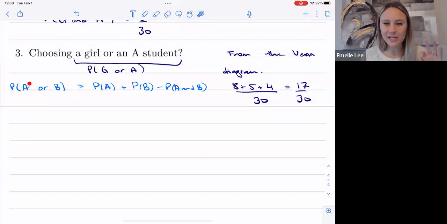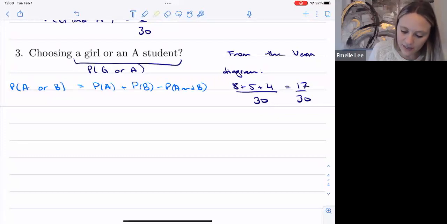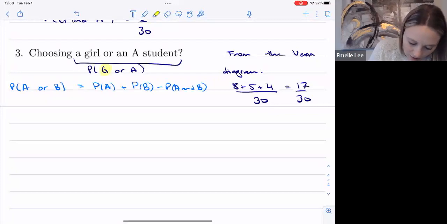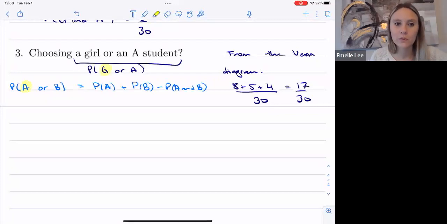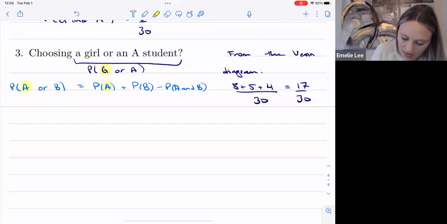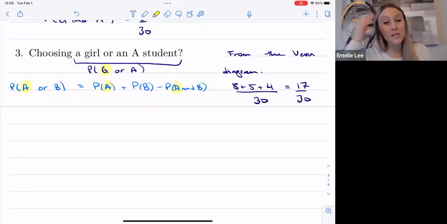Sometimes it takes a little bit of concentration, right? Because the G is going to map to the A. Wherever I see an A, I'm going to mentally replace it with a G, because the A is just a placeholder for some event.